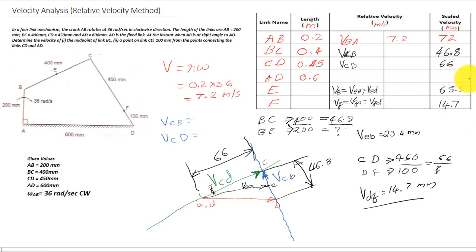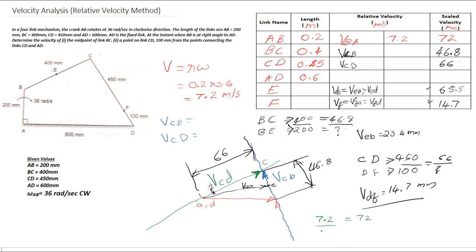Now we are interested in this value and this value. How can we find this value? Just take the ratio of these two available values. 7.2 is the velocity VBA, and corresponding to the velocity diagram, the value is 72 mm.